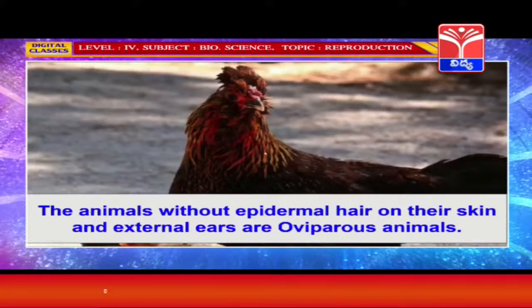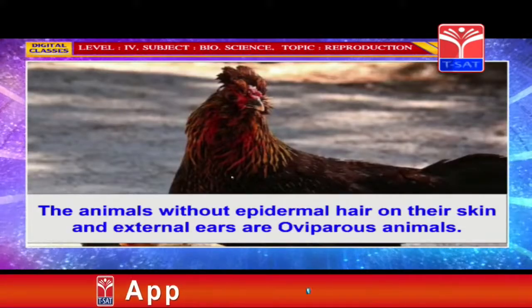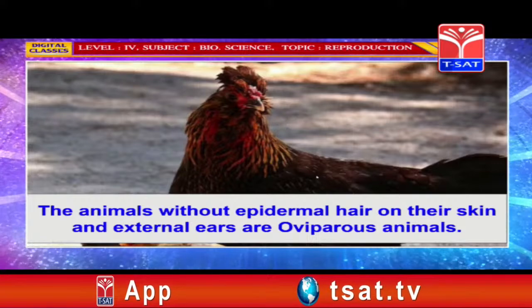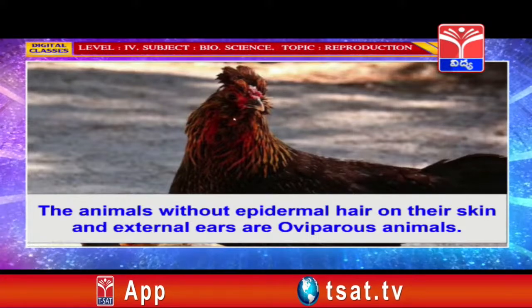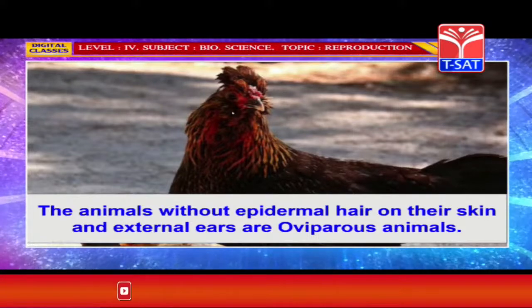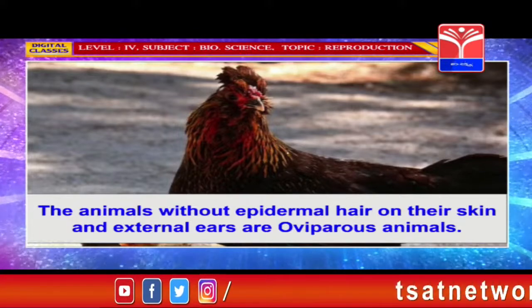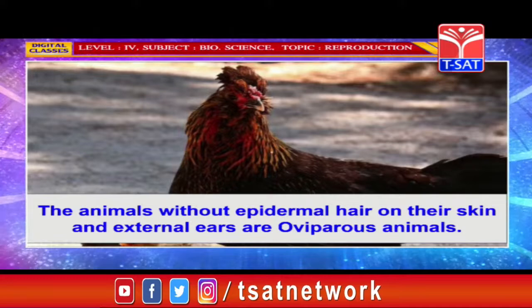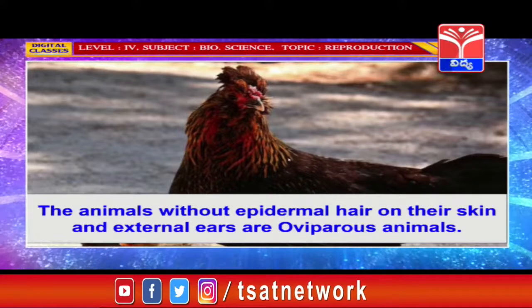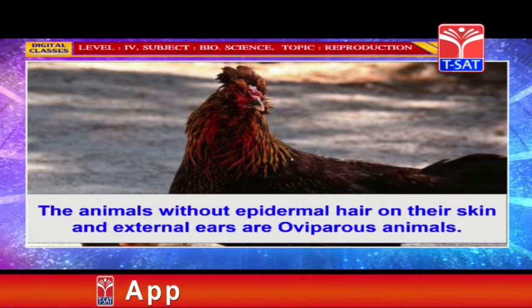Here in these animals like hen, they do not have epidermal hair on their skin and they do not have external ears. Such type of animals are called oviparous animals. Ovi means egg. Egg laying animals are called oviparous animals.